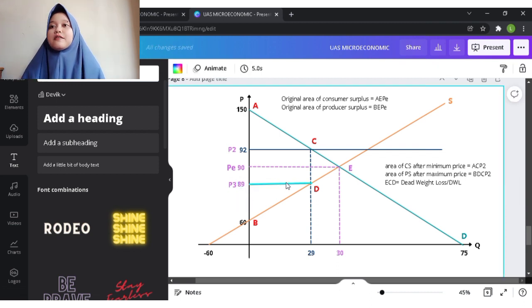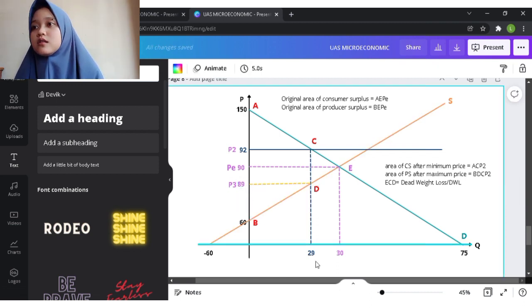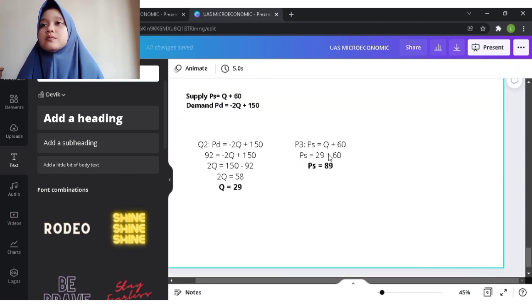And after we find all of the numbers that we need, we can count the area of the dead weight loss, which is a triangle.